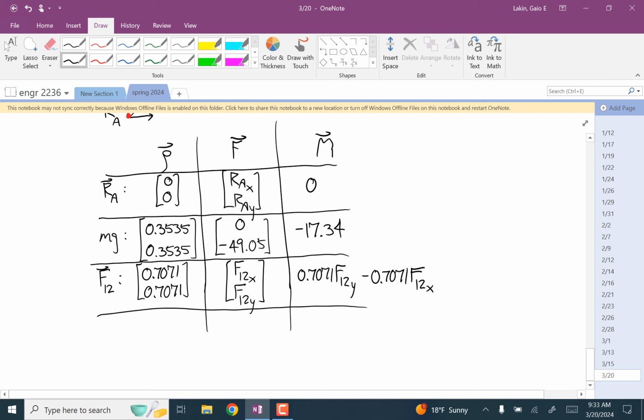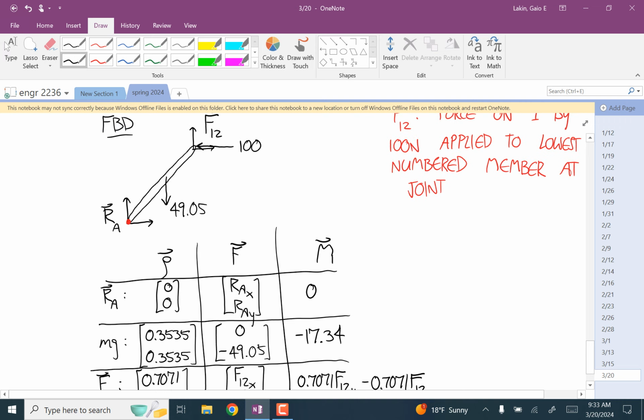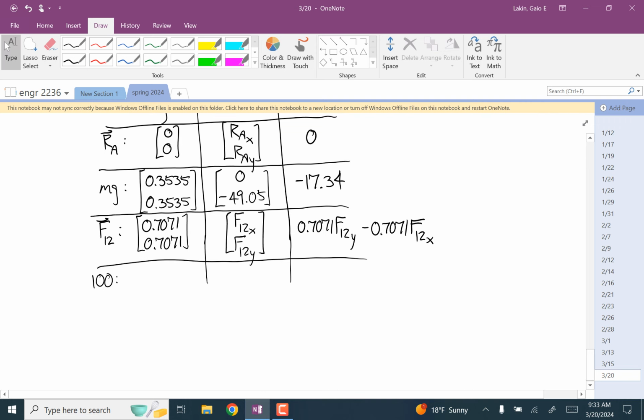Everyone good with that? And then the last one is the 100 Newton force. Since it's at the same point as F12, it has the same rho vector. The force is negative 100, 0. So the cross product is positive 70.71.